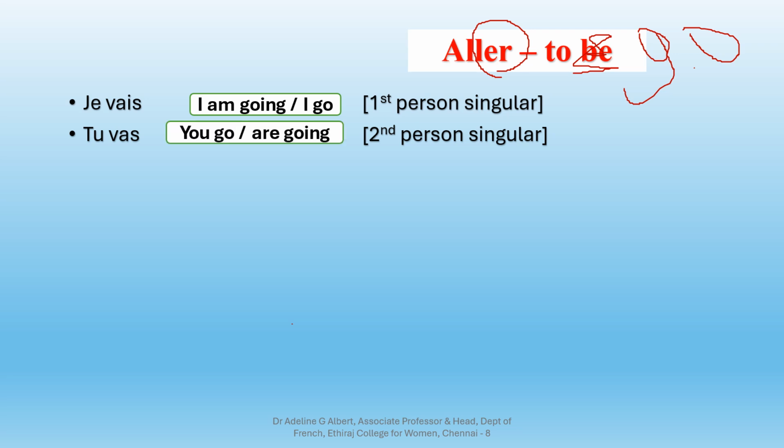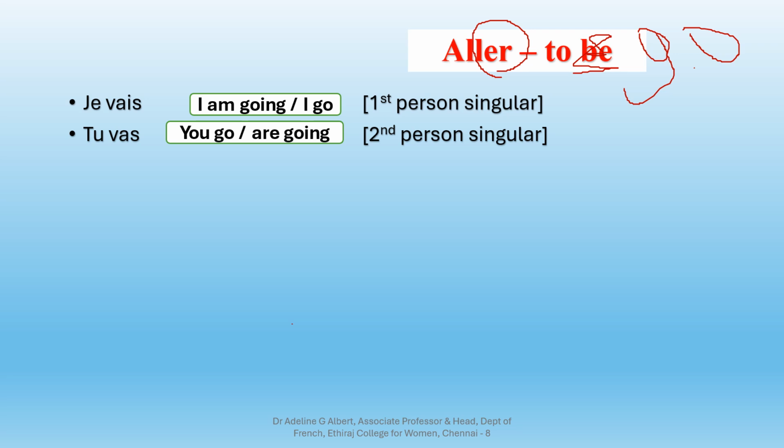Now listen. If you remember the previous verb we did, you do have I am in French. Yes? So you cannot say je suis vais. You cannot put two verbs together. There's only one singular form in French in the present tense. There's no present continuous. So je vais is understood to be either I am going, the am is inside the vais, or it means I go.